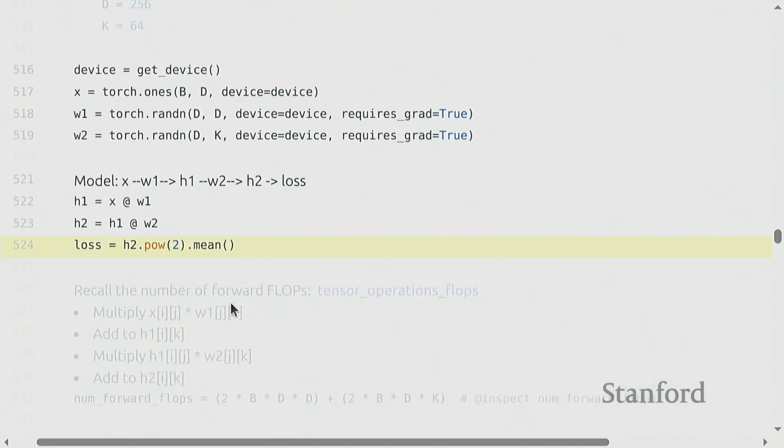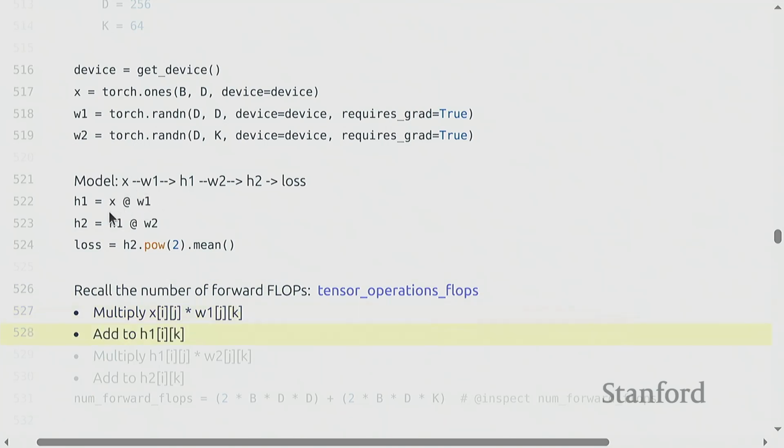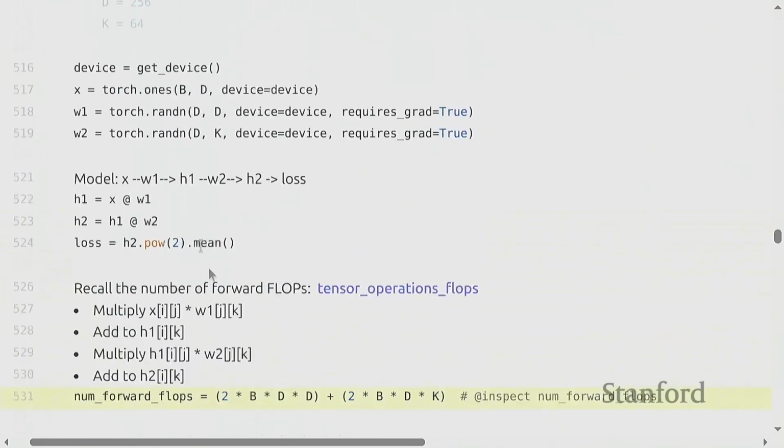Okay, so this is a 2-layer linear network. And just as a review, if you look at the number of forward flops, you have to multiply x by w1 and add it to your h1. And you have to take h1 and w2, and add it to your h2. Okay, so the total number of flops, again, is 2 times the product of all the dimensions in your matmul plus 2 times the product of dimensions in your matmul for the second matrix. Okay, in other words, 2 times the total number of parameters in this case.